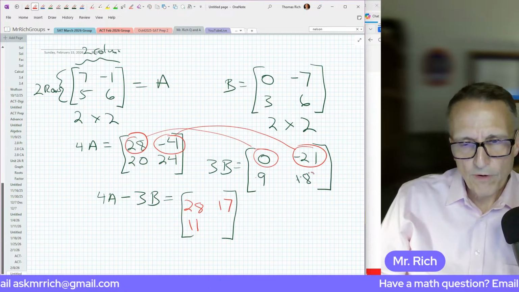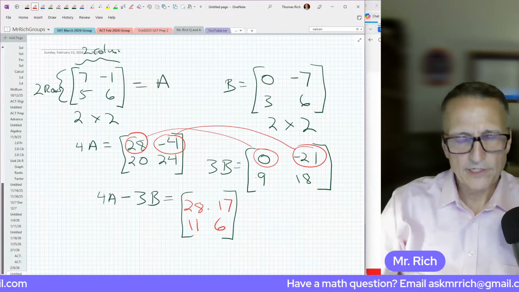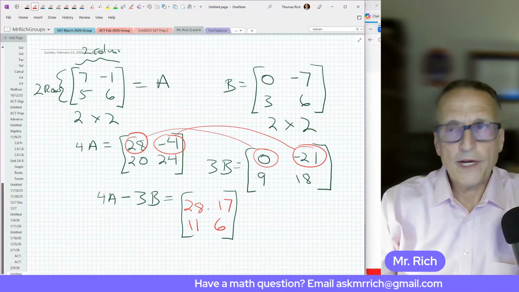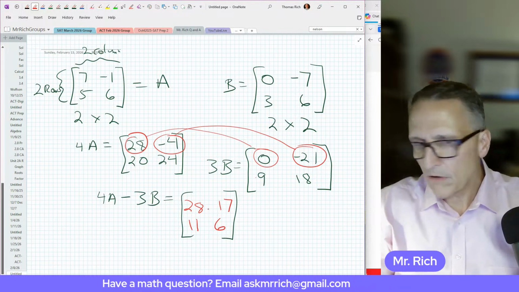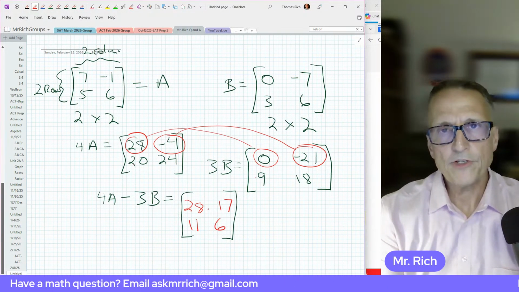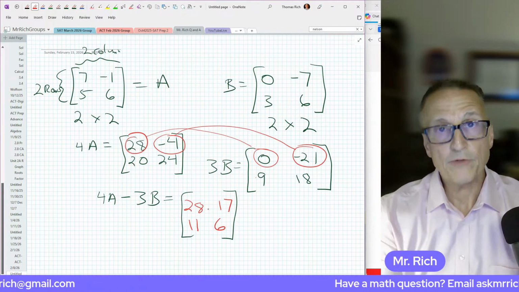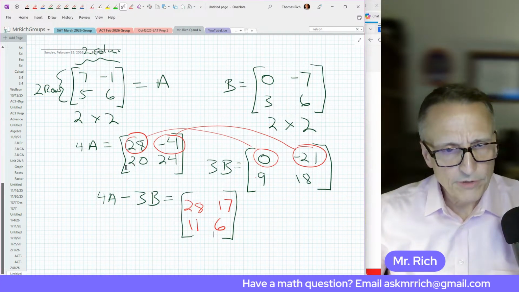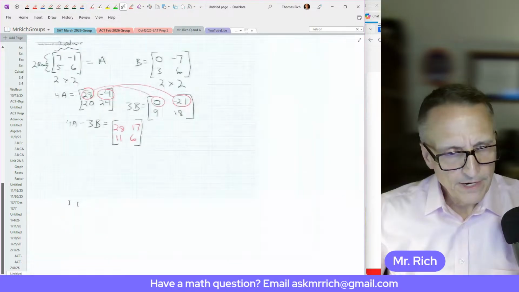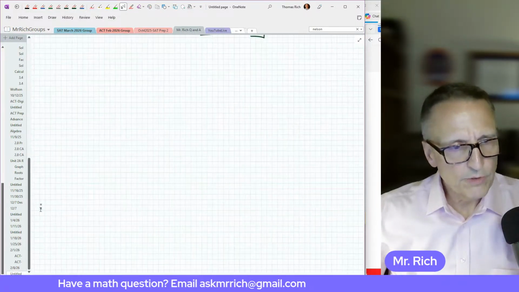And 24 minus 18 is 6. And so I get another 2 by 2 matrix. So those are some of the operations, basic operations that they may want you to do on matrices. Now, let me show you one other thing that involves a 2 by 2 matrix.